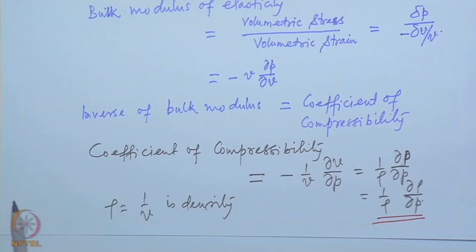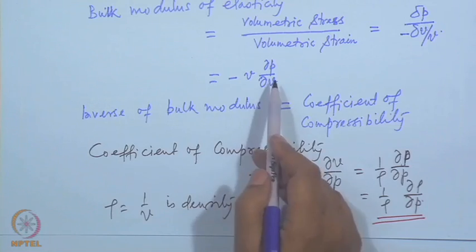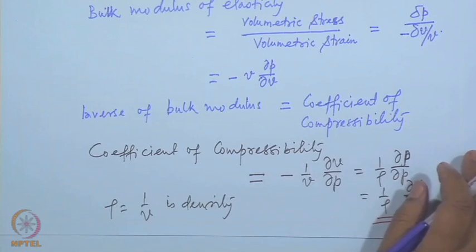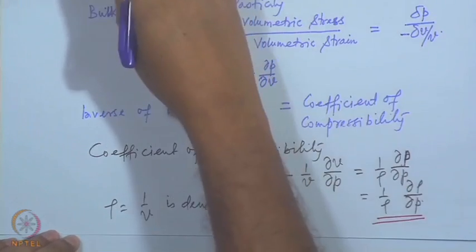Now, since these definitions also involve dp dv, they are also path dependent. So, bulk modulus or coefficient of compressibility are also path dependent.